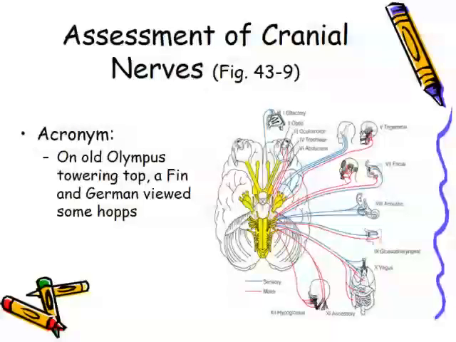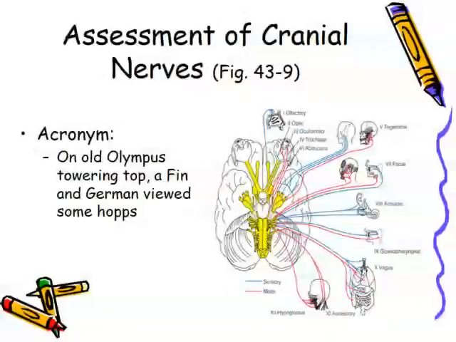When we look at cranial nerve response with patients and assessing the cranial nerves 1 through 12, just remember there's an acronym that's been around for a very long time. It helps you to memorize them. You're probably doing that in your patho class, learning cranial nerves 1 through 12 and the functions of each one of those.